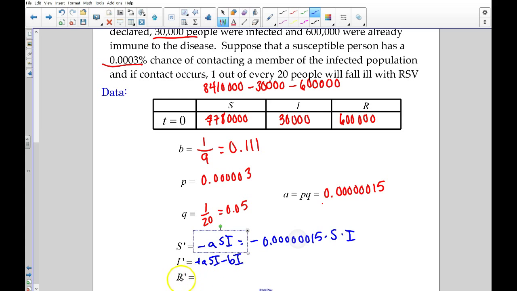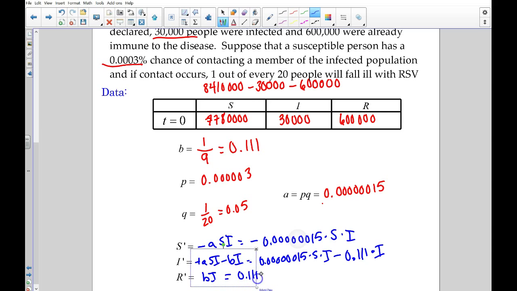And R prime was BI. Now I'm just going to fill this in. I prime is 0.0000015 times S times I minus B, which was 1 out of 9, but I'm going to use the decimal approximation, 0.111 times I. And the last one here is 0.111 times I. So I have those rate of change equations.